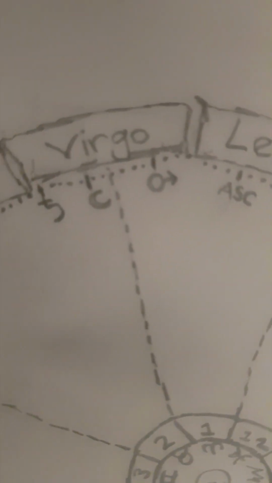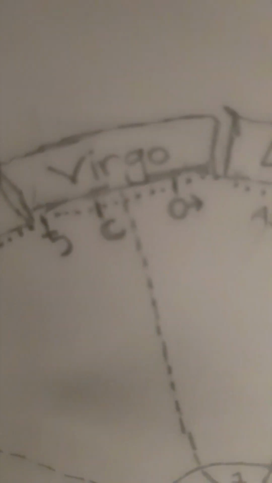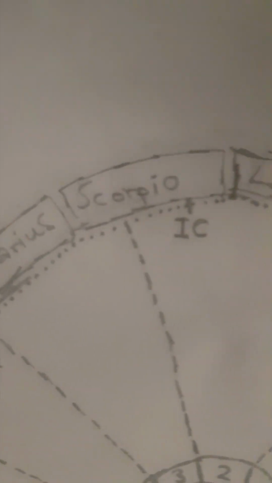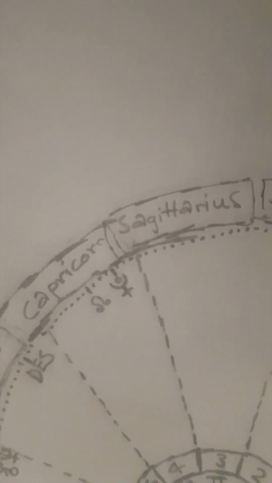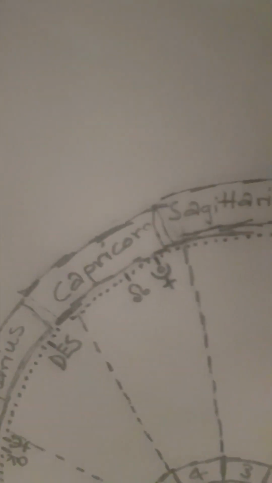Then I have my Mars, my Moon, and my Saturn within Virgo. Then I have my Medium Coeli within Scorpio. Then I have my North Node in Capricorn and my Pluto within Capricorn.